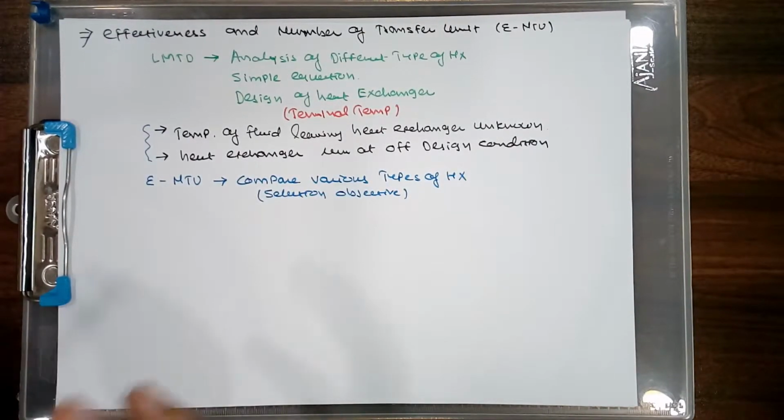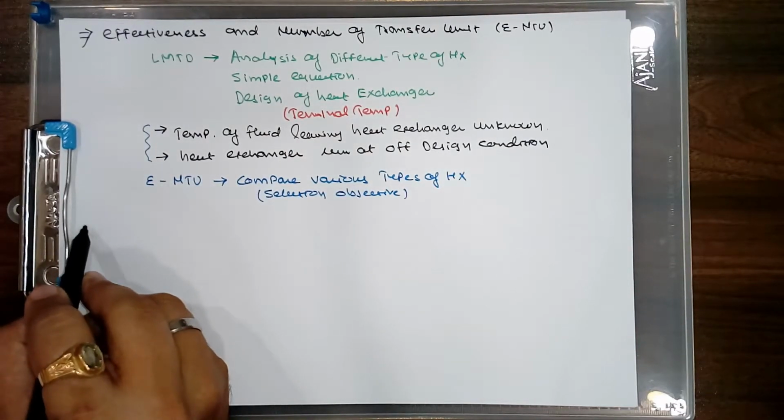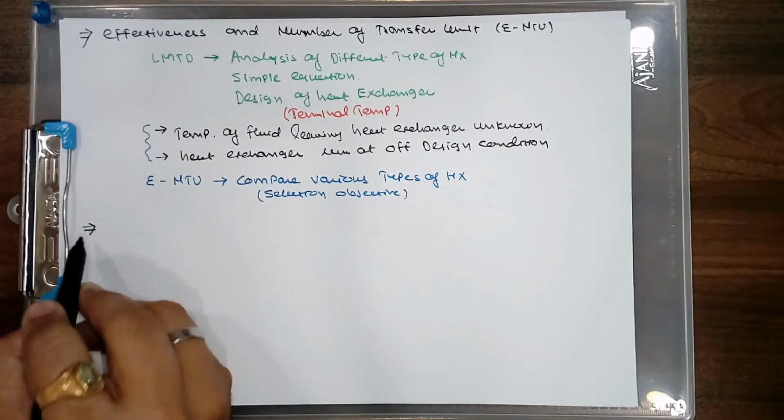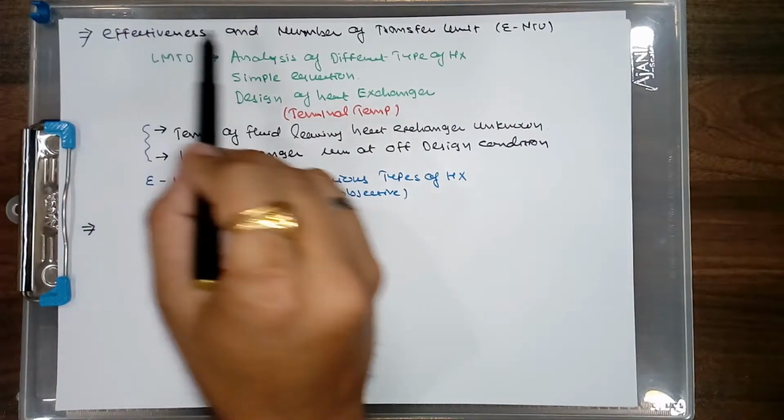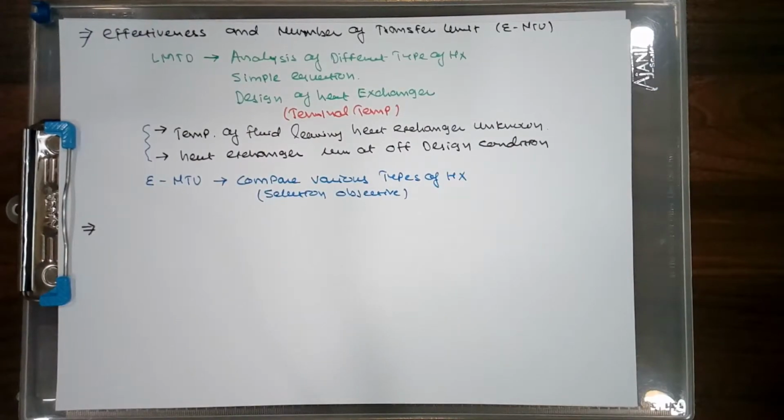Now after discussion of the advantages and limitations of these two methods, we are going to discuss effectiveness and the number of transfer unit. These are two different terms. So first we discuss the effectiveness.